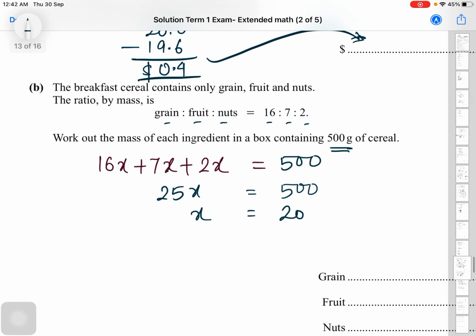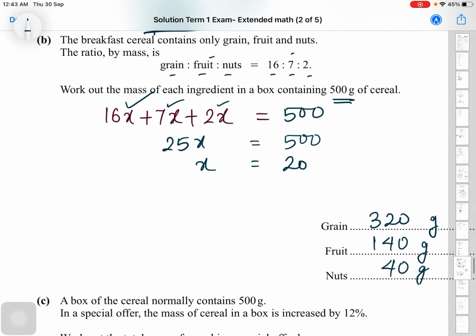So the grain will be 16x. 16 into 20 will be 320 grams. Fruit will be 7x according to here. 7 into 20 will be 140 grams. And finally nuts will be 2x. 20 into 2 will be 40 grams. And when you add them, you will actually get 500.